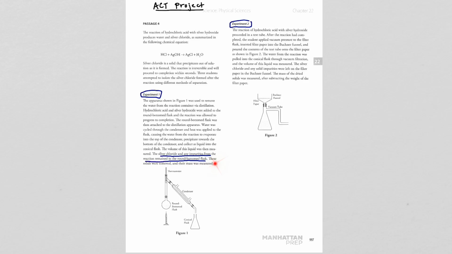This is a distillation experiment where water is boiled off through the condenser, and then the water condenses back down here, and what's left behind is the silver chloride and any impurities. That is what the question is referring to, of why the actual mass might be heavier. So what I'm looking for in the reflection is for you to tell me that you went and read Experiment 1, the last part of that.